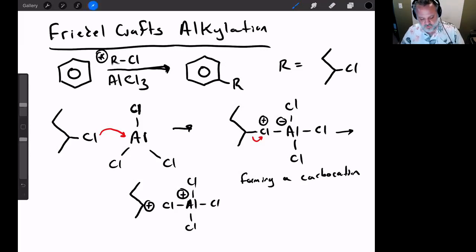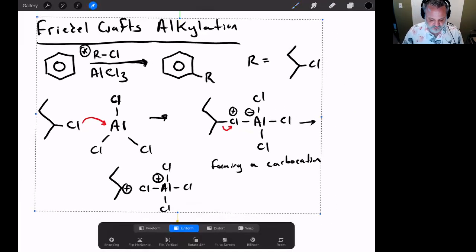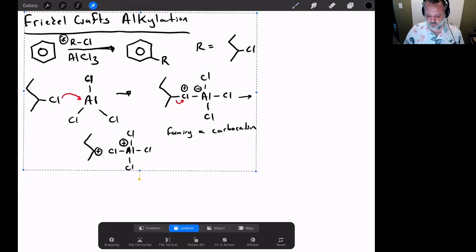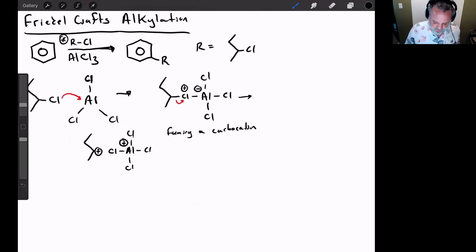The same sort of situation occurs in these reactions as it did in organic chemistry 1, and that's that you have to worry about rearrangements. In this particular case, I'm forming a secondary carbocation.